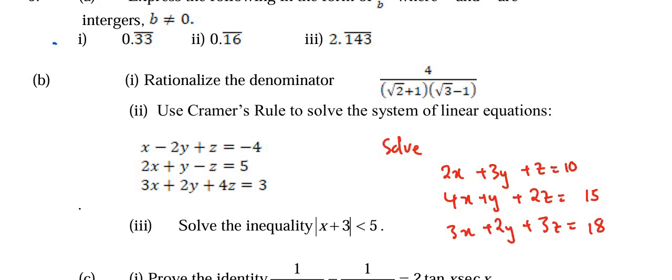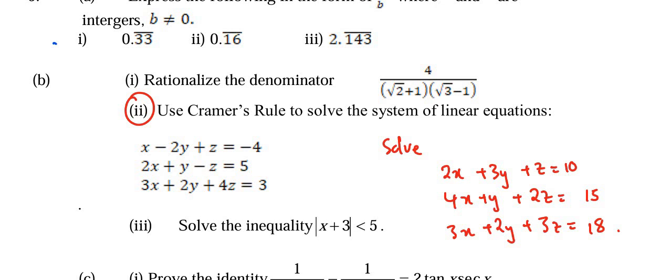Can you try to solve this one in the same way that we've solved this example here? It's the same thing that we need to do. So tell me the values of x, y, and z. So try this, then send me the answer, then we see if you understand the concept.